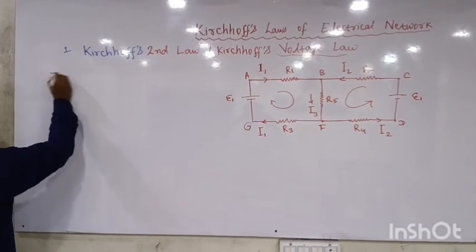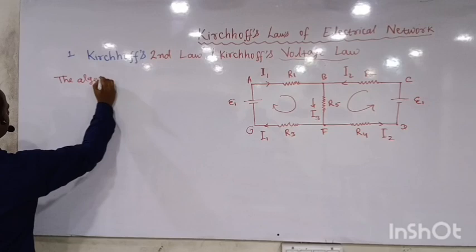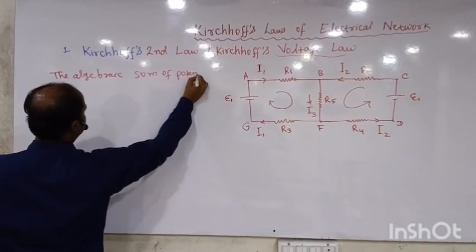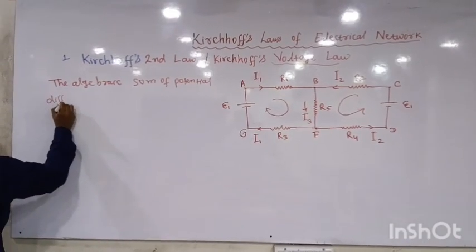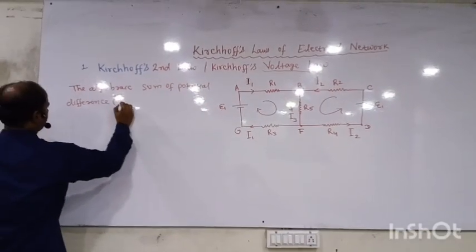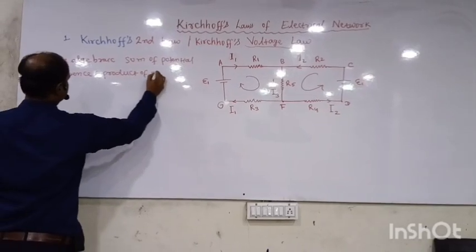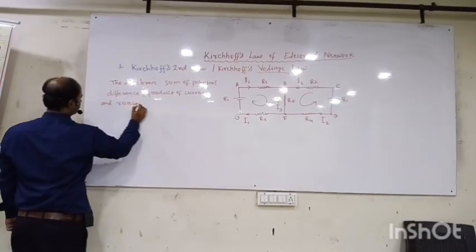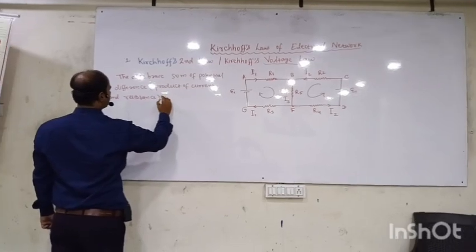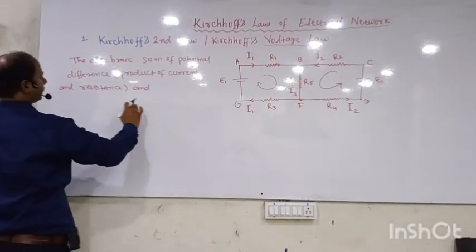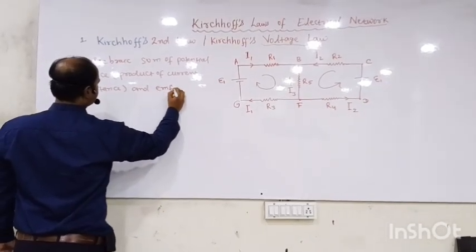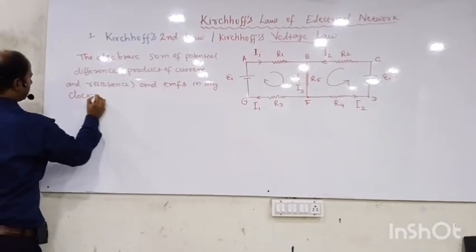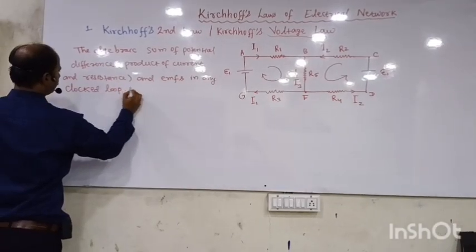According to Kirchhoff's second law, the algebraic sum of potential differences, that is the product of current and resistance, and EMFs in any closed loop is 0.